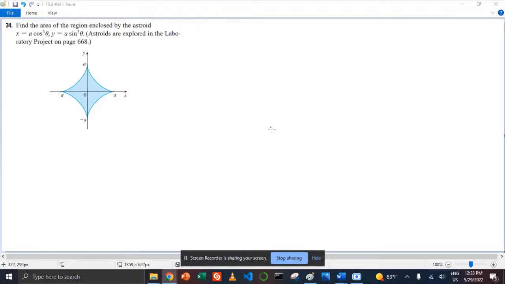it's important to recall the area has to be equal to the integral of y dx.